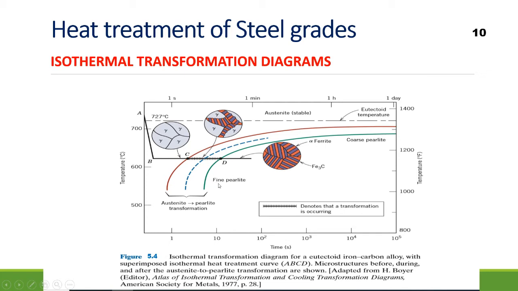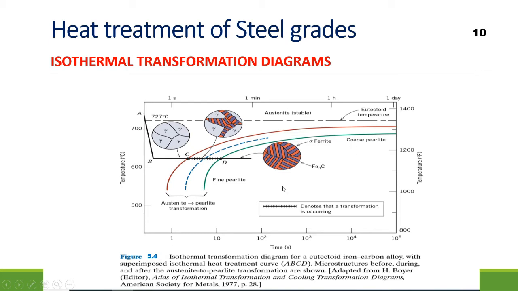That means here the temperature is low, so diffusion will also be low, and it will form thinner lamellae of alpha ferrite and the carbide. So at this position coarse pearlite is forming, and at this position fine pearlite is forming, and the difference is, number one, the thickness of the lamellae, number two, the temperature of transformation.